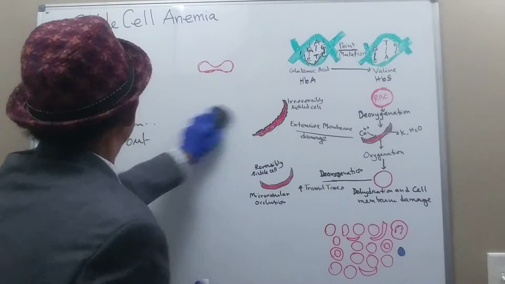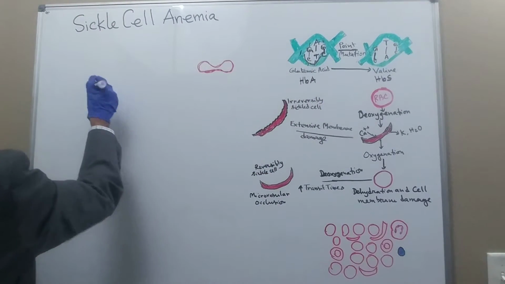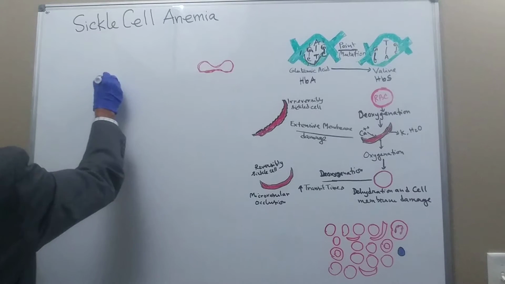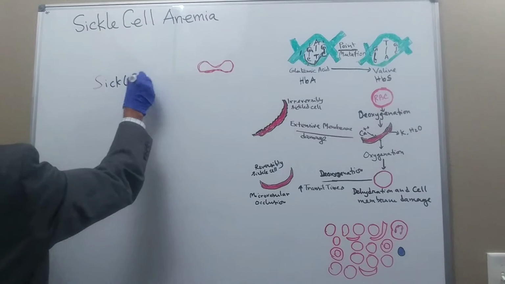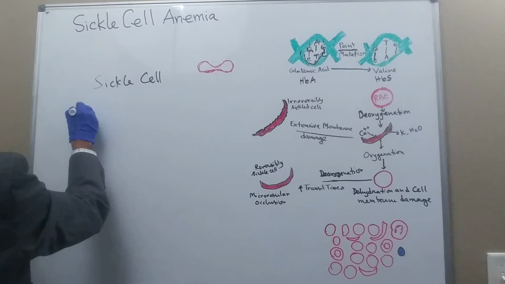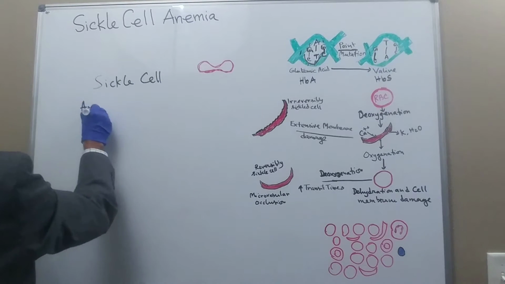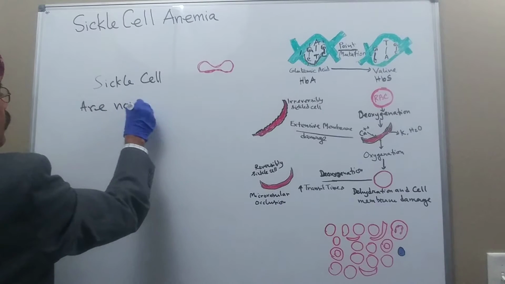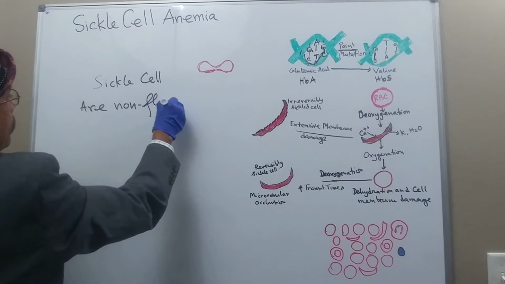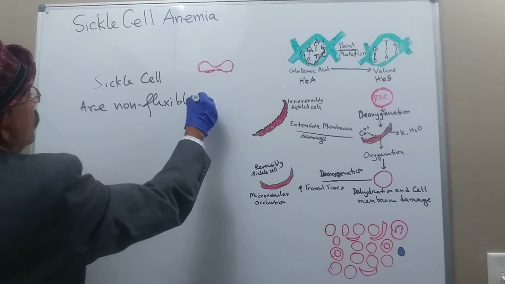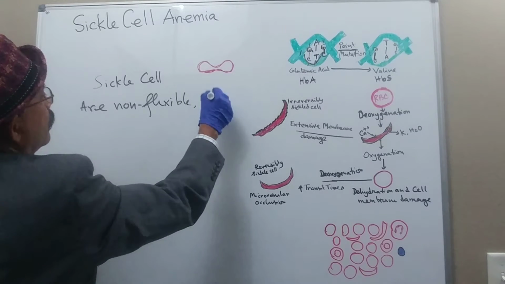So what are the problems in the sickle cell? They are non-flexible, they are rigid.